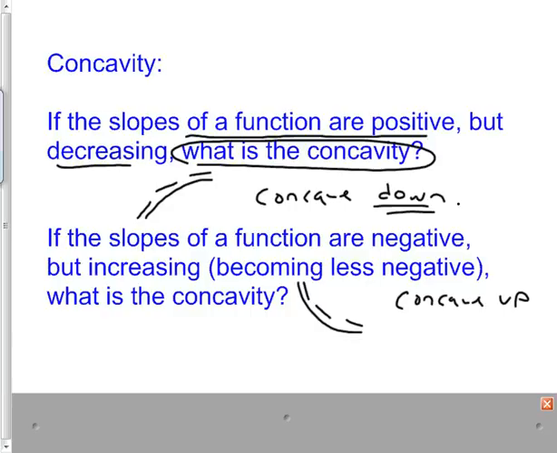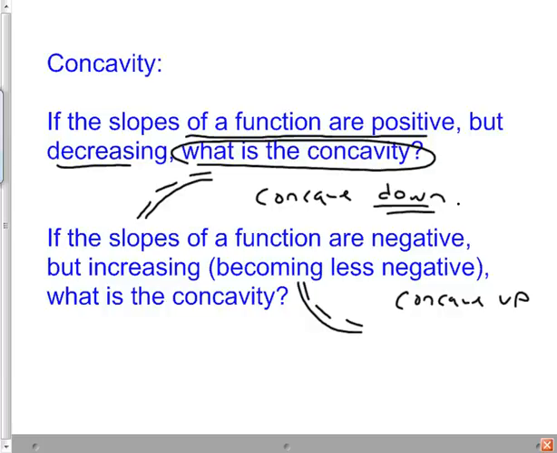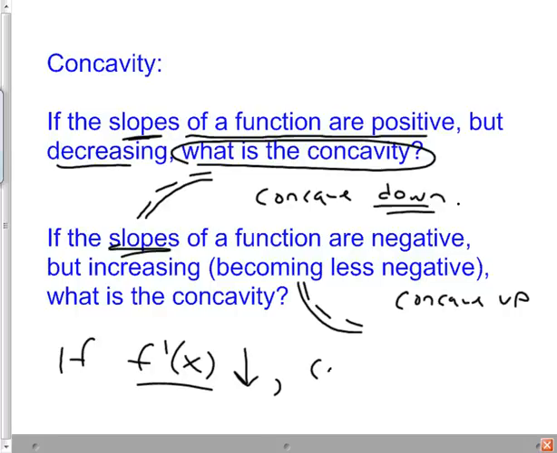So what conclusion can we draw from this? The conclusion is, if the slopes, or f prime of x, are decreasing, so if the slopes are getting less and less, then our function is concave down.